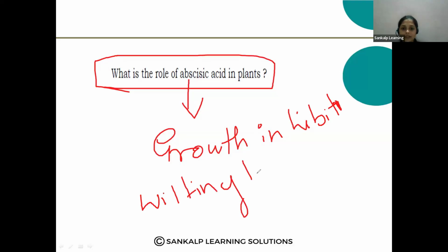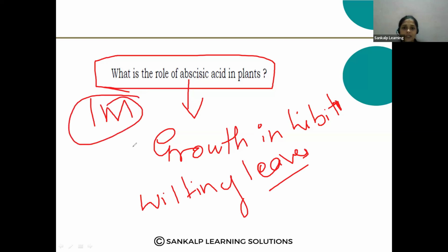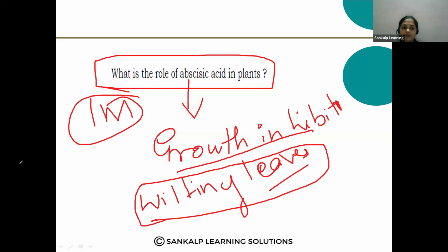This is a 1 mark question asked in your previous year question papers, okay? So abscisic acid is called a growth inhibitor, meaning it controls the growth of the plant and also helps in the wilting of the leaves. Note down the question.